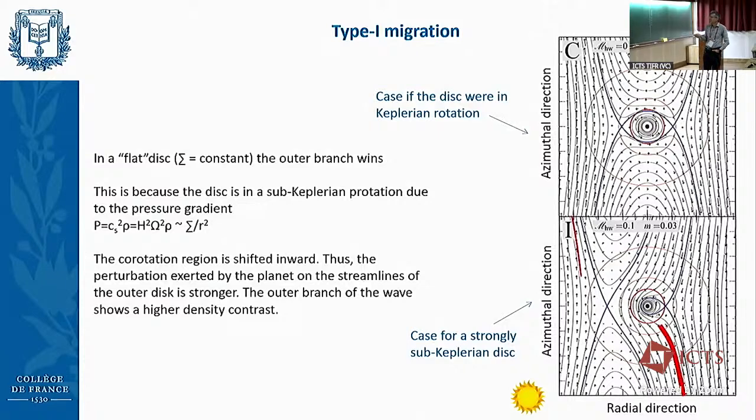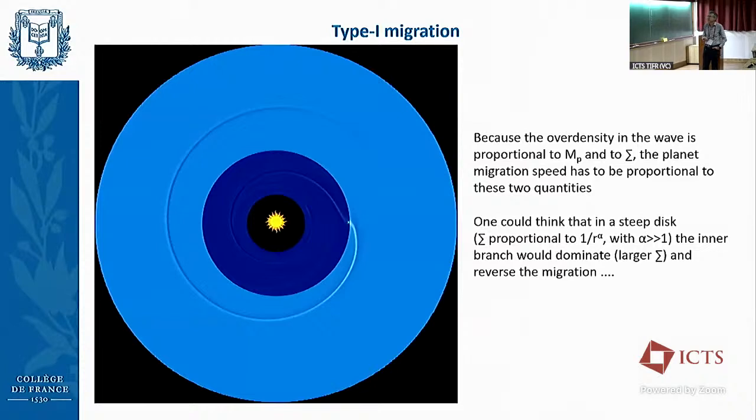And so the wave that will be generated by the encounter of these downgoing streamlines will be much stronger than the wave generated by the encounter with the planet with these upstream streamlines. And so this wave will exert a bigger torque, and this exerts a negative torque, so it drives the migration of the planet towards the star.